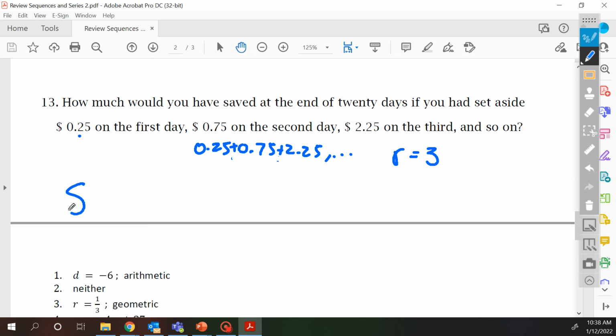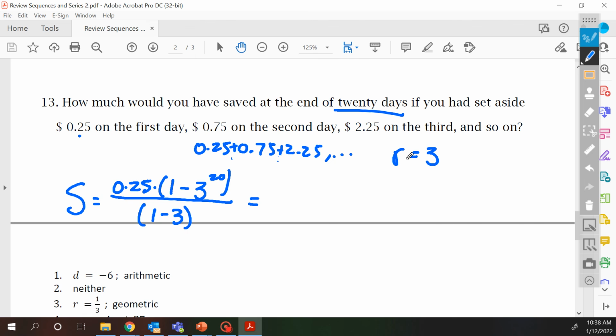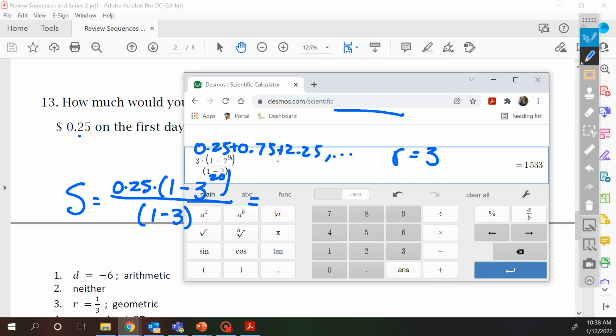So we have to use the series formula. So we need the first term, 25 cents, times 1 minus the ratio to the 20th power, because we have 20 days, and then in the bottom, 1 minus the ratio. Okay, let's get out our calculator here.